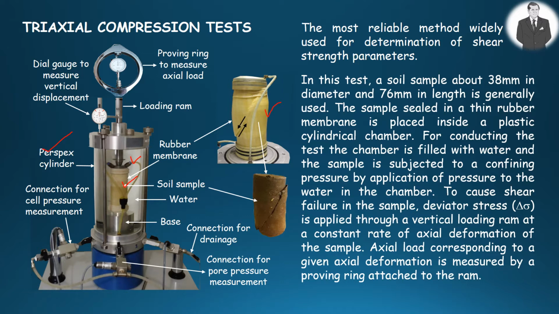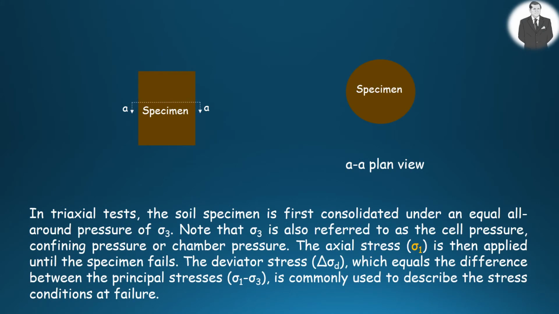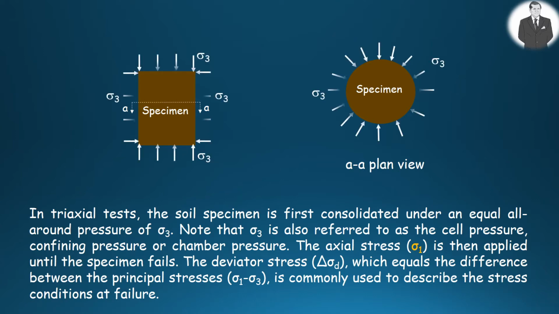Now, to fail the sample, the deviator stress is applied through a vertical loading ram at a constant rate of axial deformation, and the axial load corresponding to any given axial deformation is measured by a proving ring which is connected to the loading ram. In triaxial tests, the soil specimen is first consolidated under an equal all-round pressure.